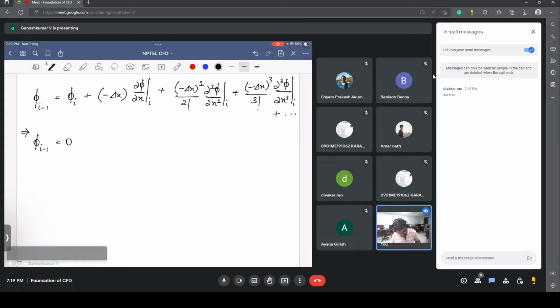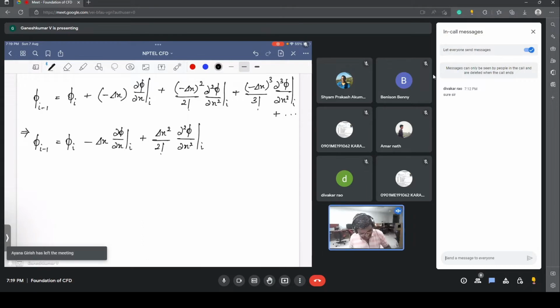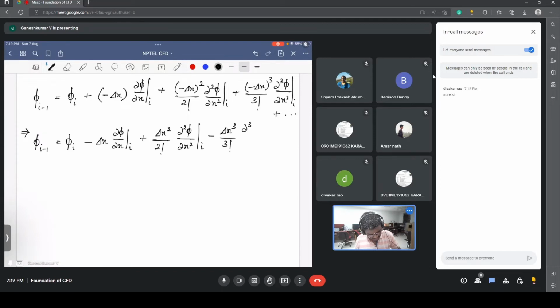Phi I minus 1 would be phi I minus delta x dou phi by dou x evaluated at I, plus delta x square by 2 factorial dou square phi by dou x square evaluated at I, minus delta x cube by 3 factorial dou cube phi by dou x cube evaluated at I, plus dot dot dot.